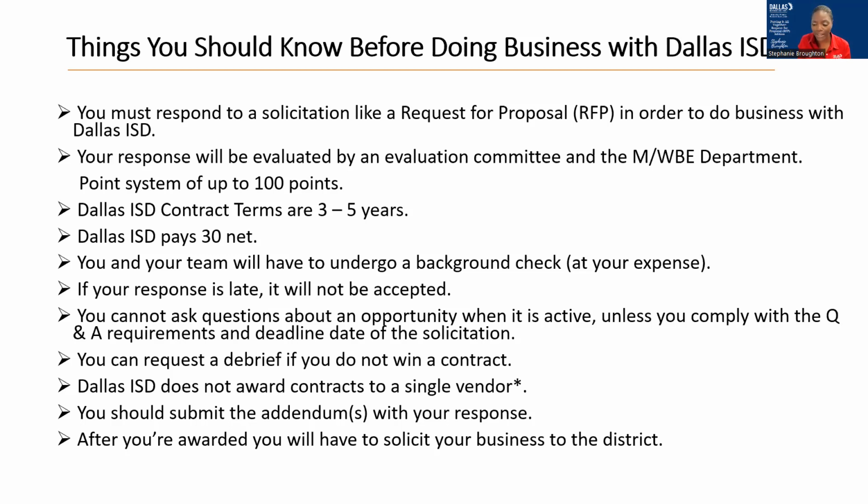Then you would have to wait until 2027 before that opportunity becomes available again. And it generally becomes available about 6 months prior to the expiration of the current contract.